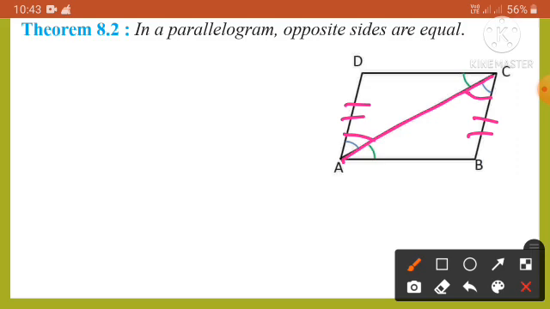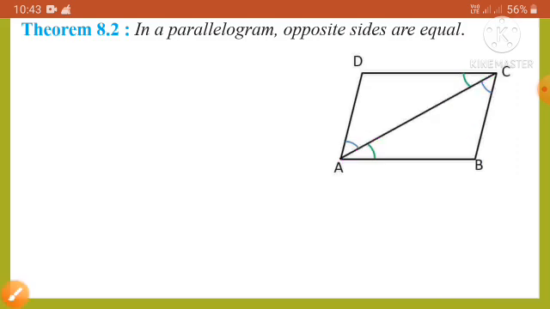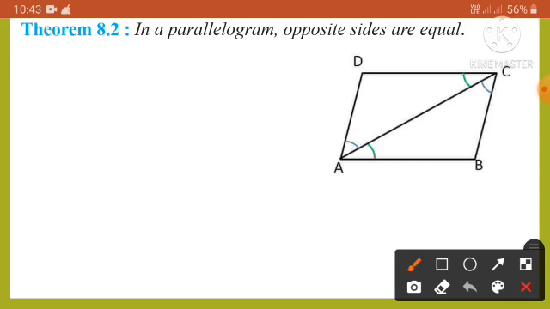So in both triangles ABC and ADC, we have angle BAC equal to angle DCA, AC is the common arm, and angle DAC is equal to angle BCA. So you can easily say that these two triangles are congruent. That means triangle ABC is congruent to triangle ADC by the ASA congruence rule.